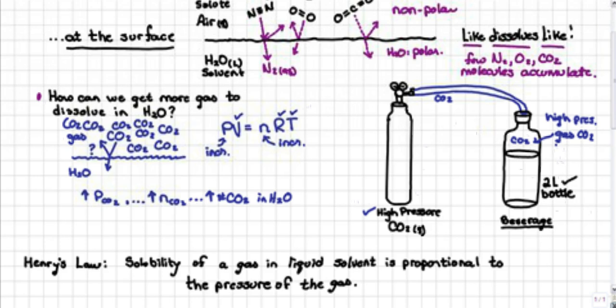High pressure to the tune of about 3.5 atmospheres. That's a lot of carbon dioxide. And by increasing the amount of carbon dioxide in the space above the liquid, we increase the likelihood that there will be carbon dioxides penetrating the liquid and staying in the liquid, thus carbonating the beverage.